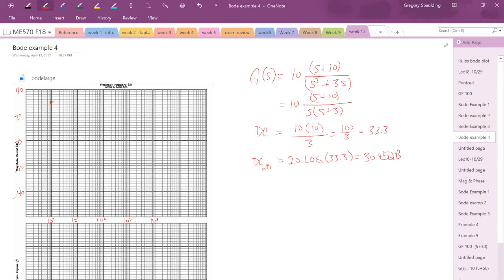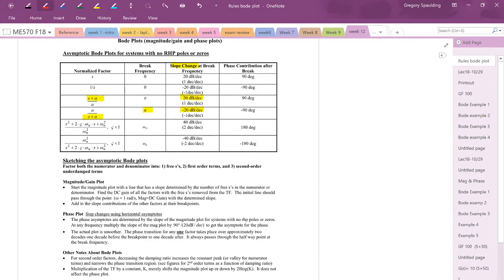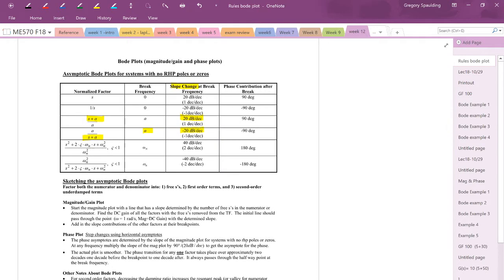Okay, so we've got a starting point. We need an initial slope of the line, because we're going to make changes in the slope based on where we find our poles and zeros. Remember, our rules tell us the initial slope is determined by the free s's, whether we have an s in the numerator or in the denominator.